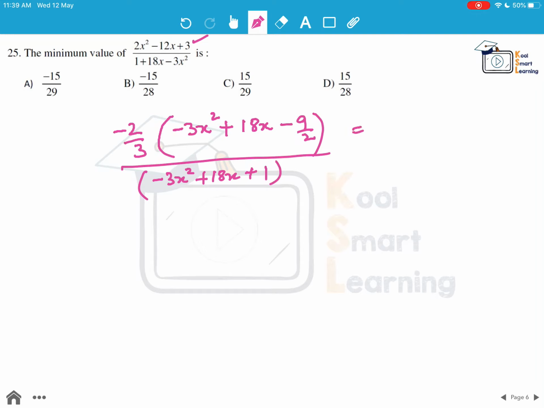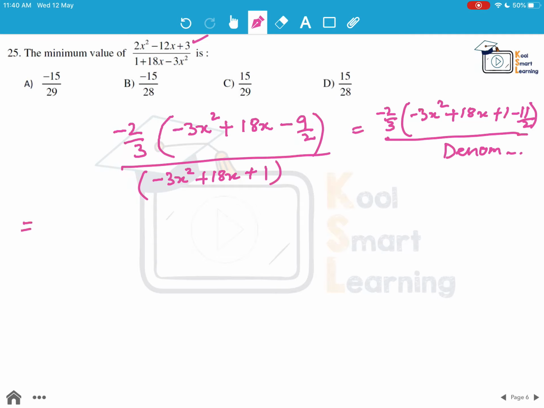Now this can be written as, the numerator here could be written as minus 2 by 3 into minus 3x square plus 18x plus 1 minus 11 by 2, again by the same denominator. I am not writing it, I've just written it as denominator.